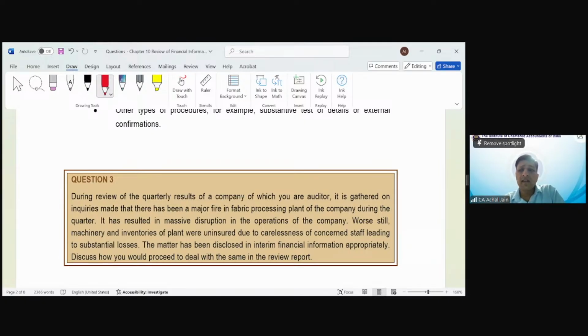Worse still, machinery and inventories of the plant were uninsured due to carelessness of concerned staff, leading to substantial losses. The matter has been disclosed in interim financial information appropriately. Now, please understand interim financial information.